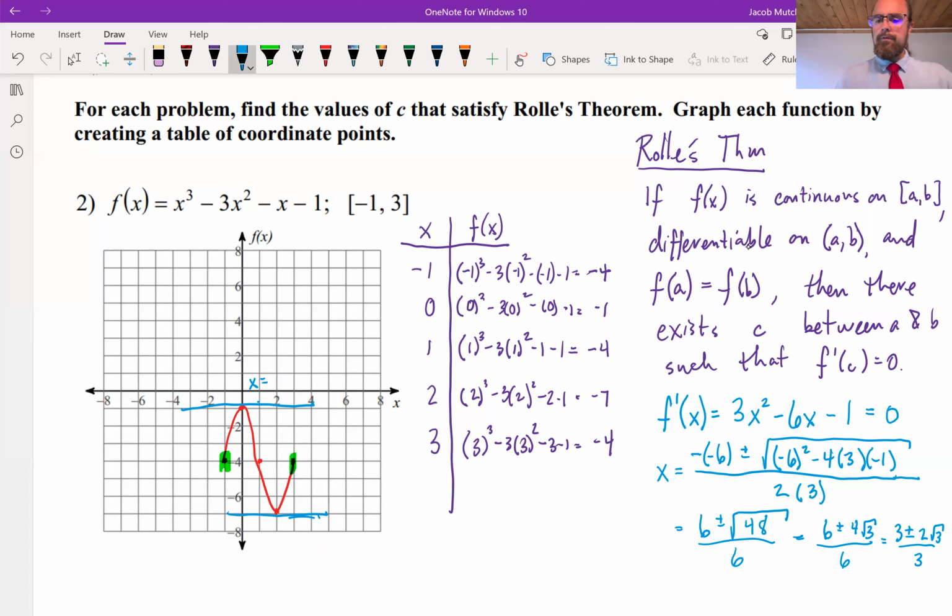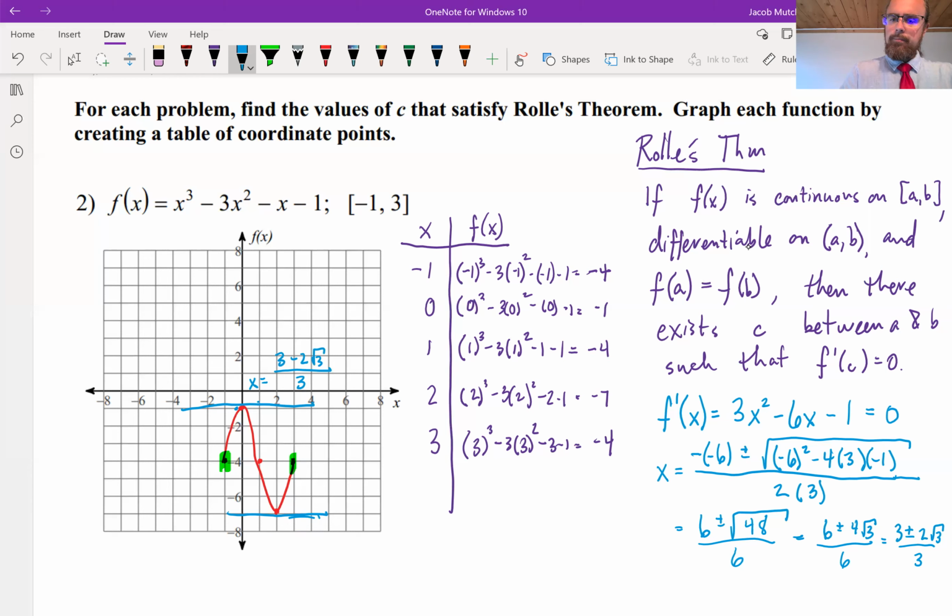So my first value would be the 0 one. So this is close to 0, but not 0. It's 3 minus 2 times the square root of 3 over 3. So what we're going to see is that this is actually slightly negative.